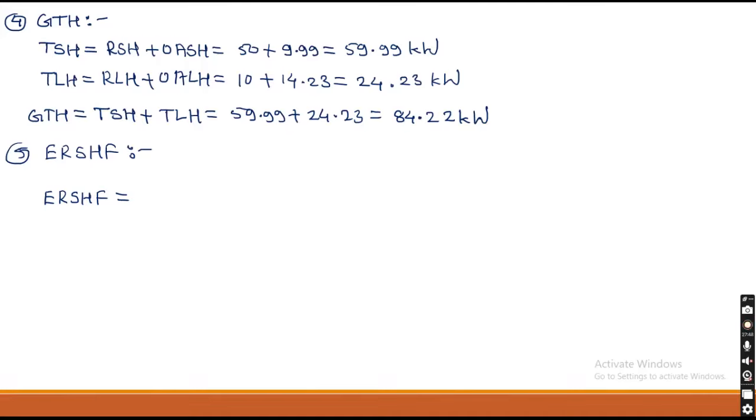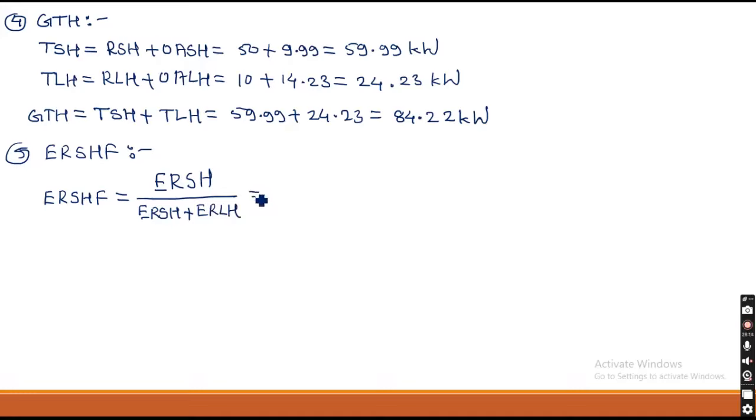So that is equal to what? Effective room sensible heat divided by effective room sensible heat plus effective room latent heat, isn't it? Now what is effective room sensible heat?